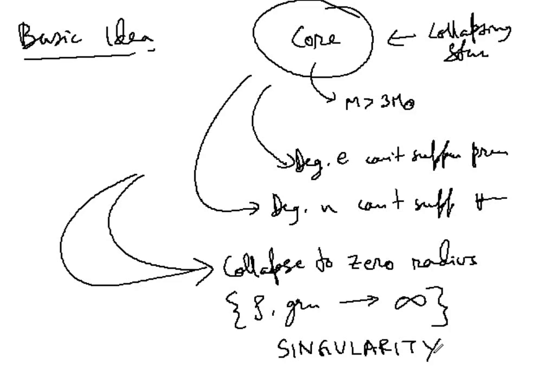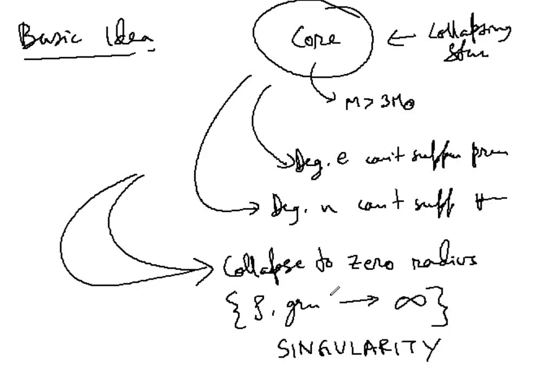But our physics is telling us that it will be doing so. So basically, this star having a core with mass more than 3 stellar masses collapses to radius zero. As a result, its density and surface gravity keep on increasing and become infinite. And this is basically a singularity.